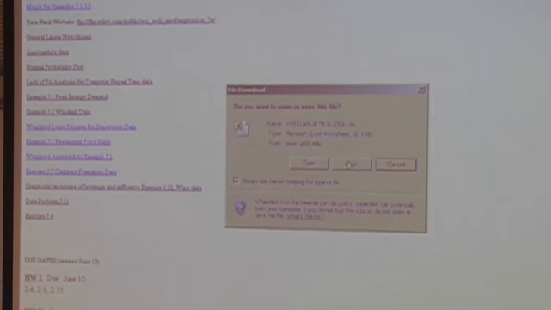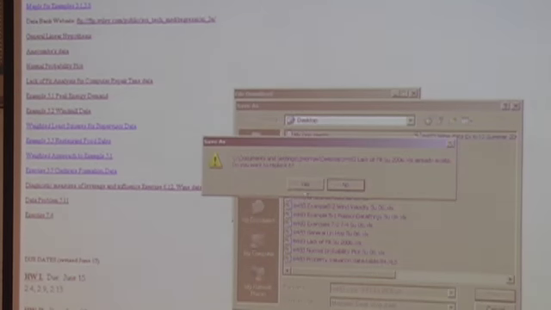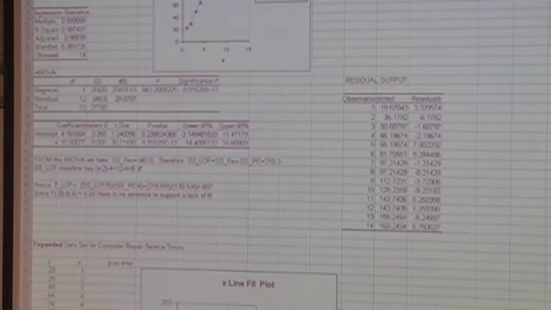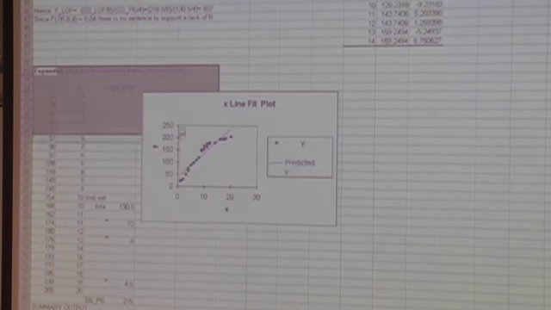Lack of fit analysis for computer repair time data. There it is. And what I was looking at is this expanded data set right here.